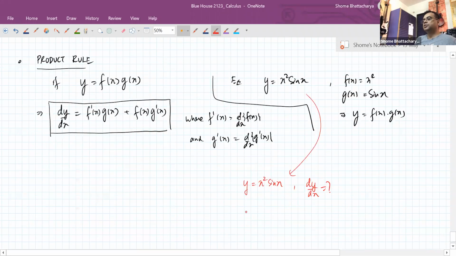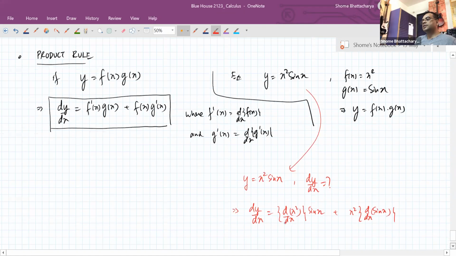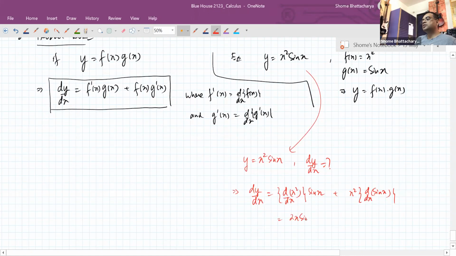So let's apply this principle here. dy by dx will become f prime x, which is differentiation of x square, into g(x), which is sine x, plus f, which is x square, into the derivative of sine x. So this will become 2x sine x plus x square into cos x. So this becomes the derivative of the function.